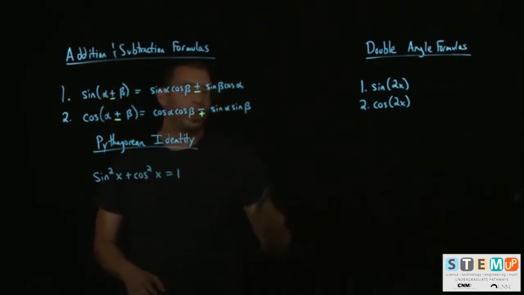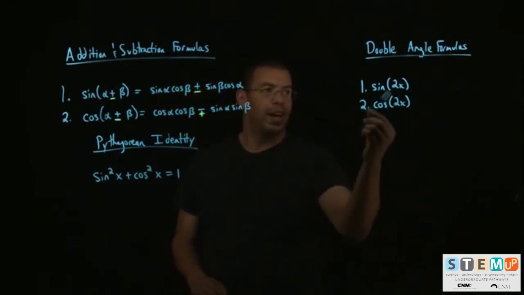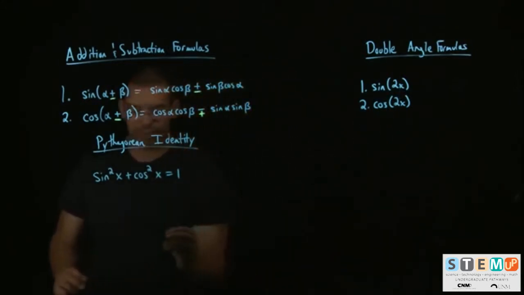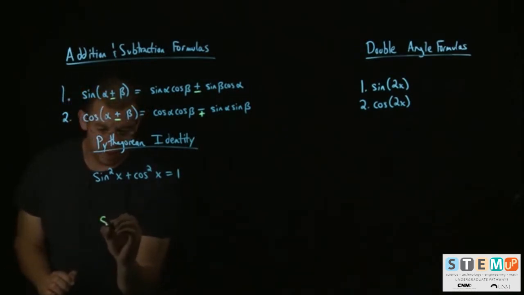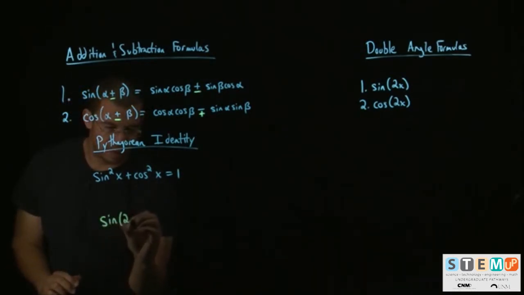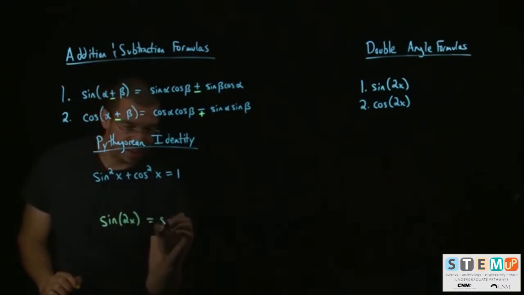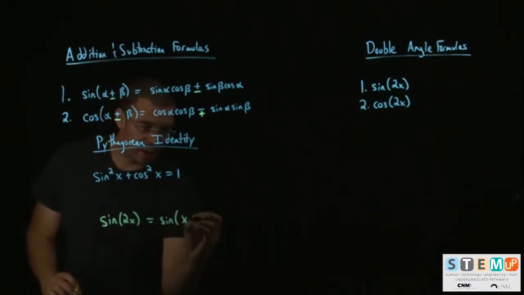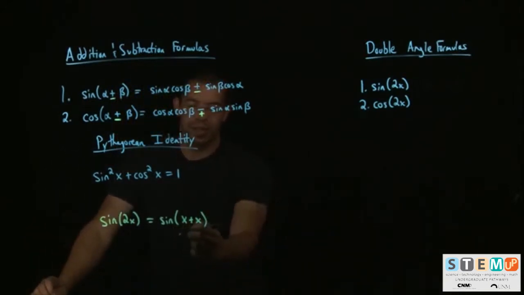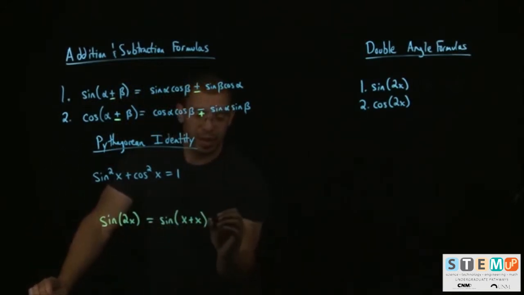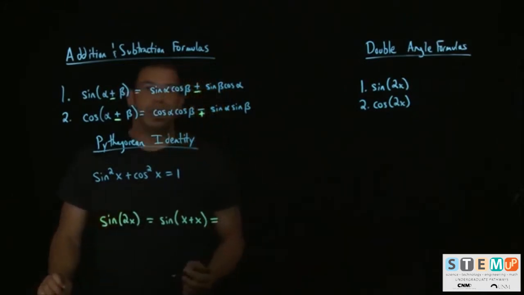So now let's look at these equations. If I have sine of 2x, that's the same as sine of x plus x, right? x plus x is 2x. Now we need to use our addition formulas.